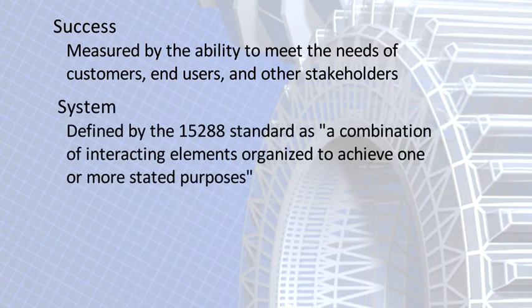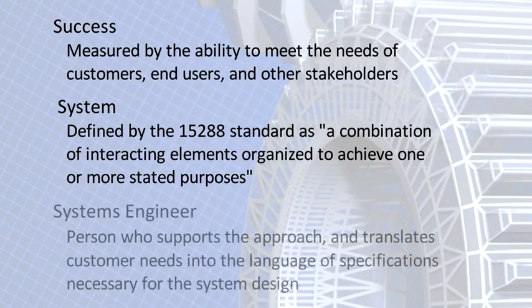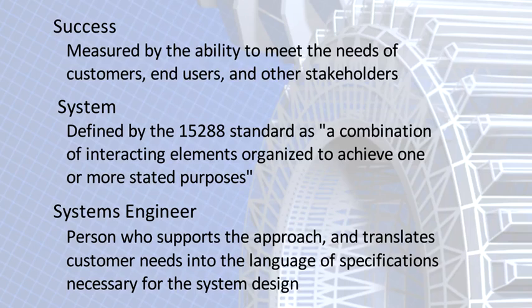Defined by the 15288 standard as a combination of interacting elements organized to achieve one or more stated purposes. And finally, the systems engineer. This is a person who supports the approach, translates customer needs into the language of specifications necessary for the system design. For a deeper dive into the definition of systems, take a look at the resources section or the systems engineering body of knowledge.